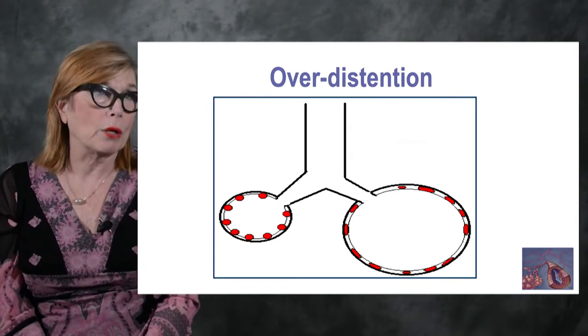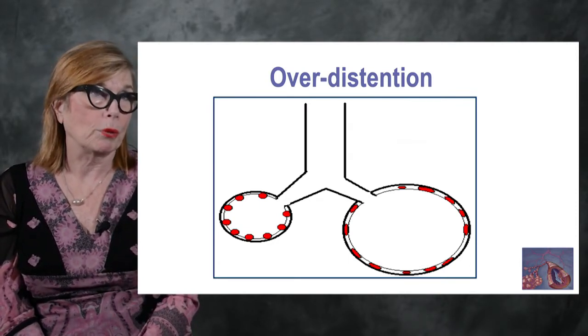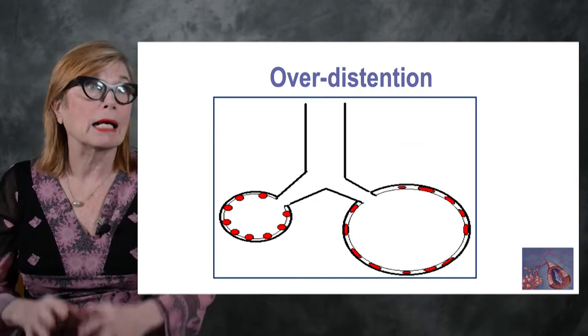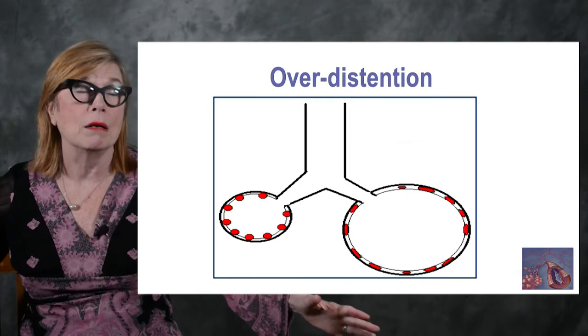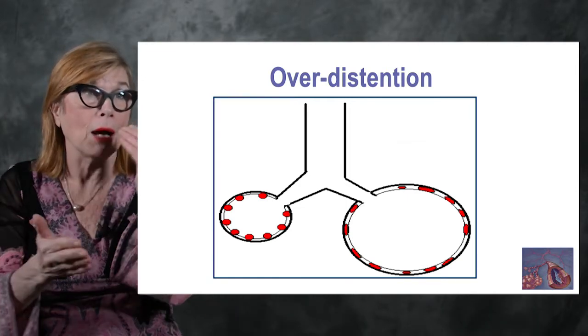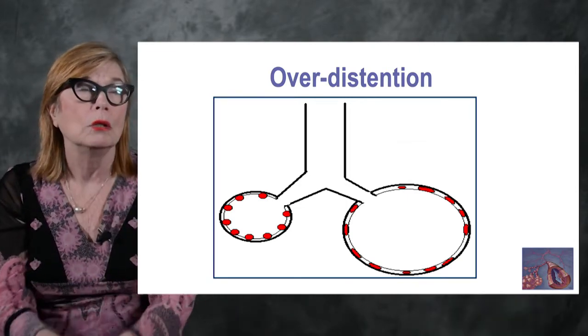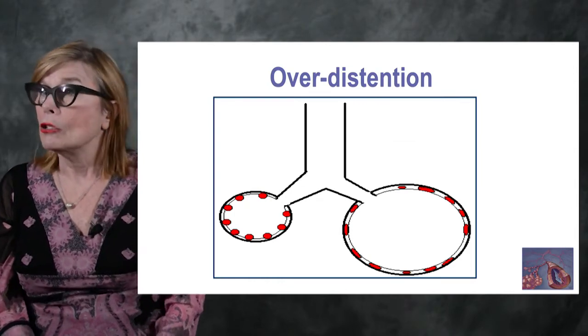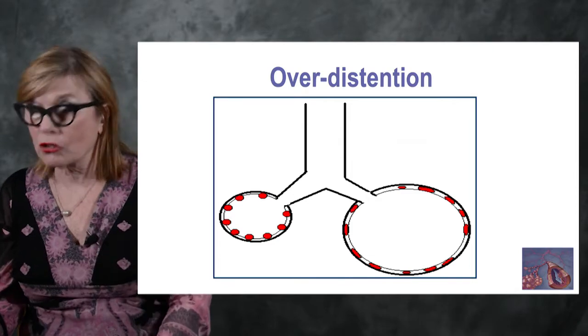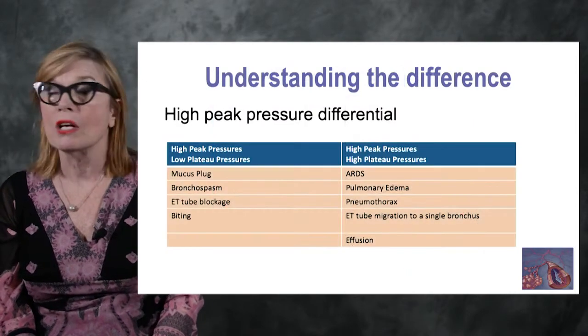So this is why we worry about plateau pressure, because what it means is I'm delivering gas to functional alveoli, but I'm not popping open the dysfunctional alveoli, and my number one goal is to open dysfunctional alveoli.